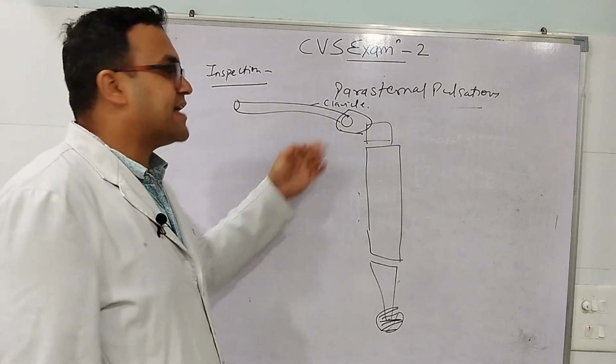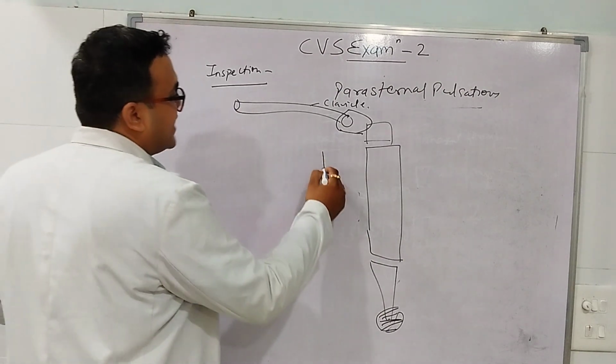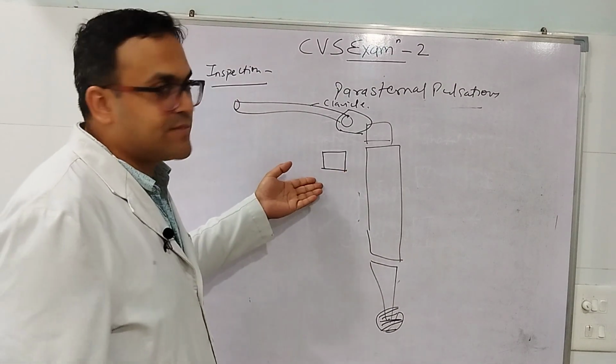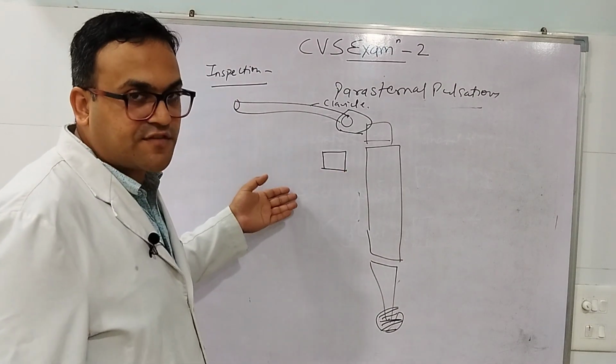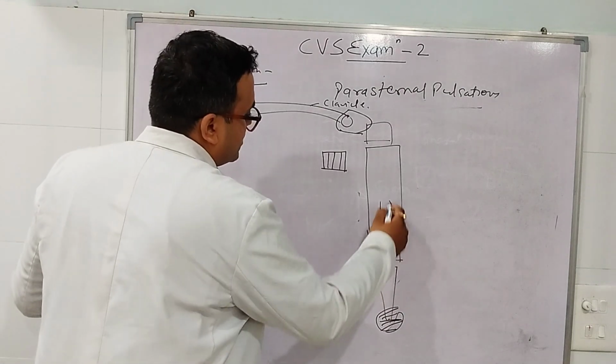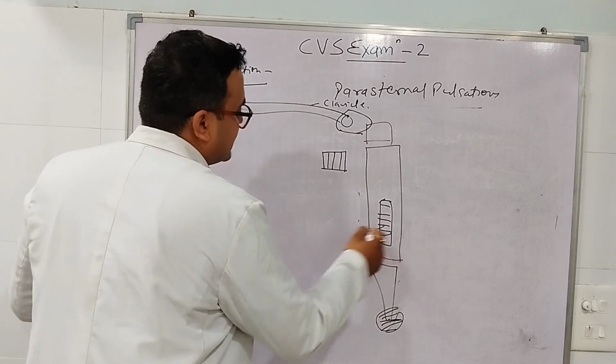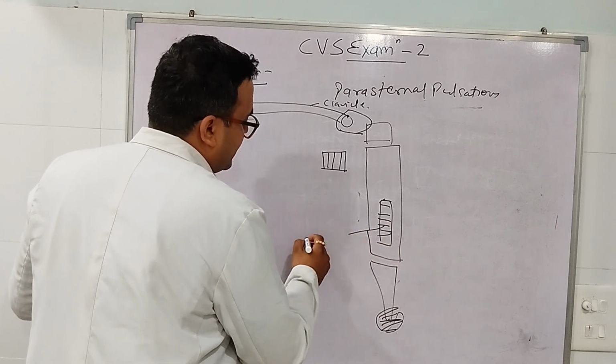So these signify right sided aortic arch. In the right second intercostal space, if we see pulsations, then it can be because of aneurysm of the arch of aorta, or if there is aneurysm of the descending aorta, we can see sternal pulsations.